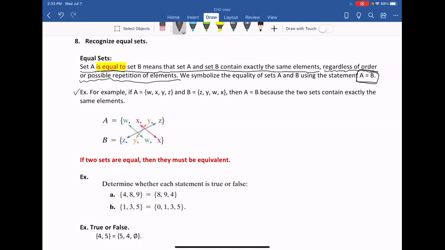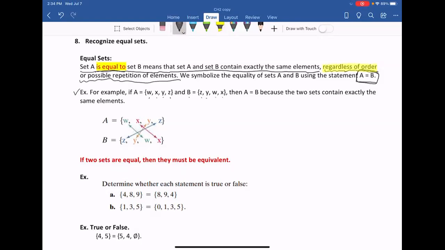So let's see the example. For example, A is {W, X, Y, Z}, and B is {Z, Y, W, X}. Let's go back to the definition: regardless of the order.